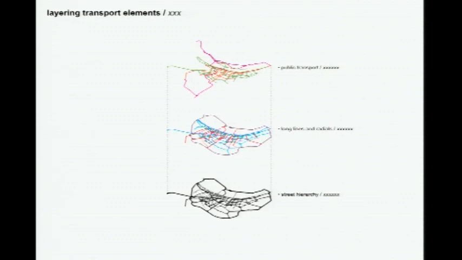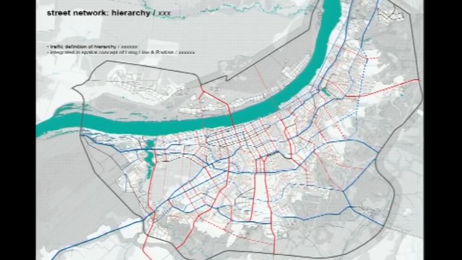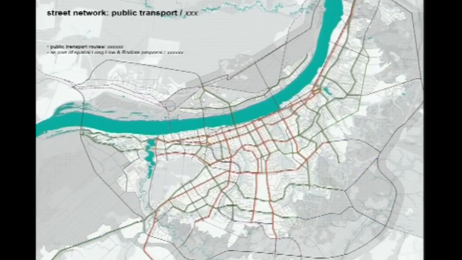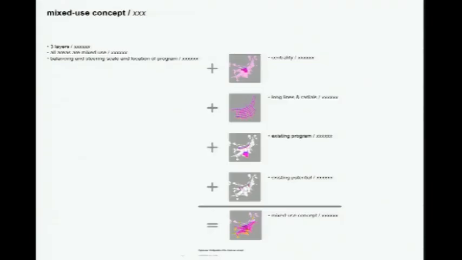Public transportation, long lines and radials. You see now, let's say, also the hierarchy of this mobility structure. On one hand there is the street structure of the city, but also a very dense public transportation network covering nearly everything, which is important to really be able to serve these sizes of cities.